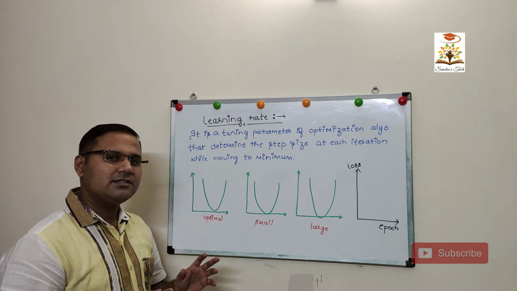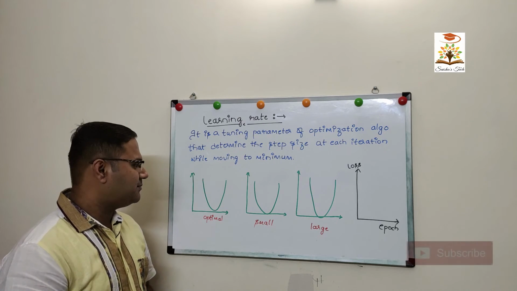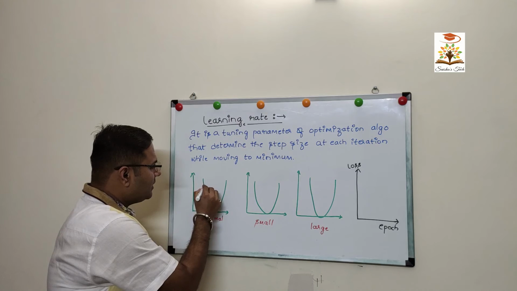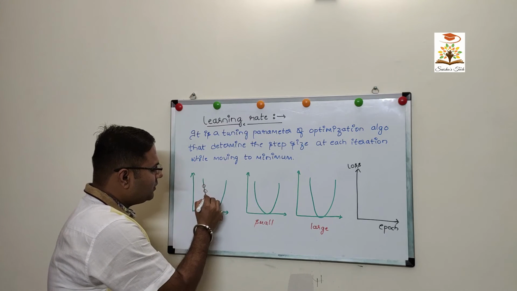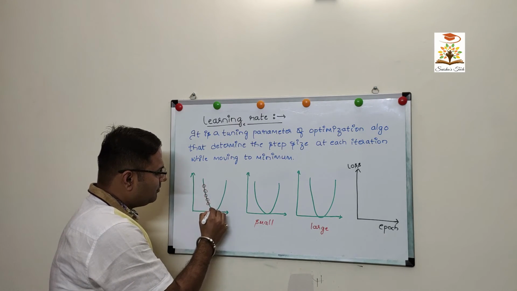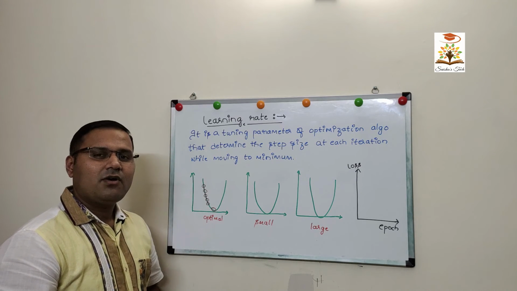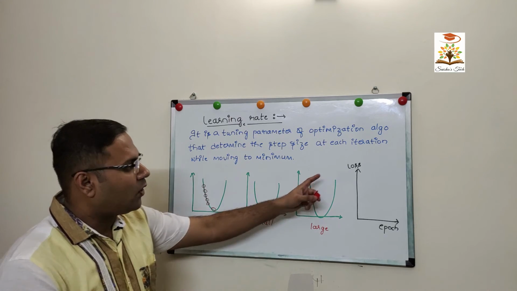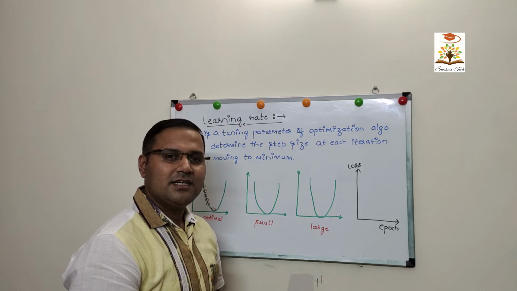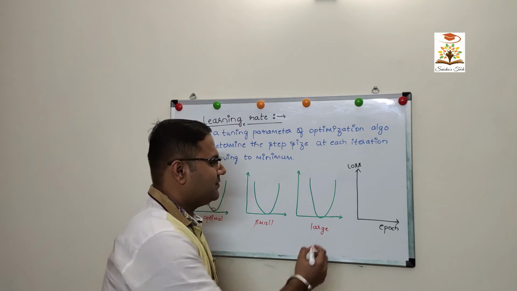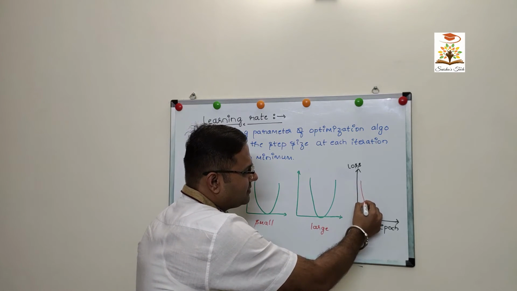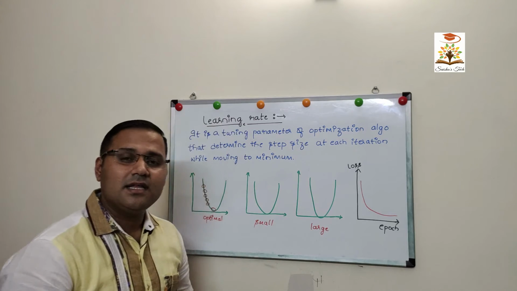If the learning rate is optimal, then it helps to reach the minima sooner, and also the loss to epoch function decreases quicker, which can be represented as a good learning rate.